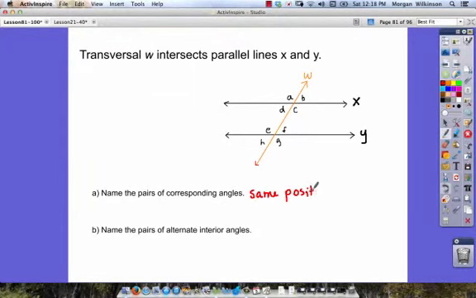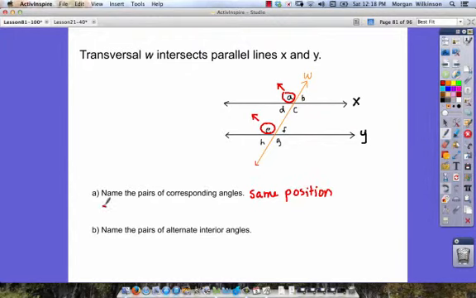So we're going to have to look at both our X and our Y line compared to our transversal W. Our first pair of corresponding angles must be angle A and angle E because they're in the same position on the parallel lines in relation to our transversal W. A and E, because they're both facing outwards and to the left.